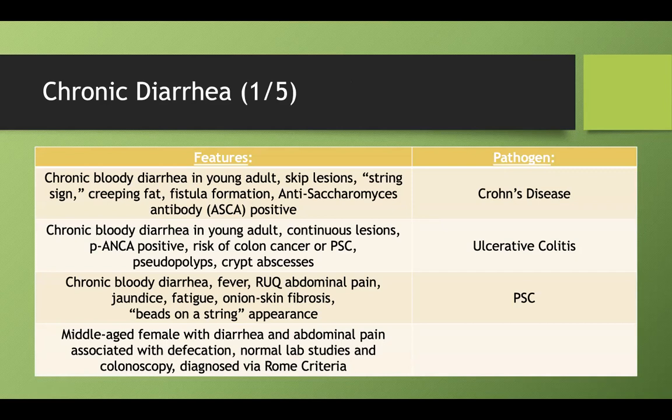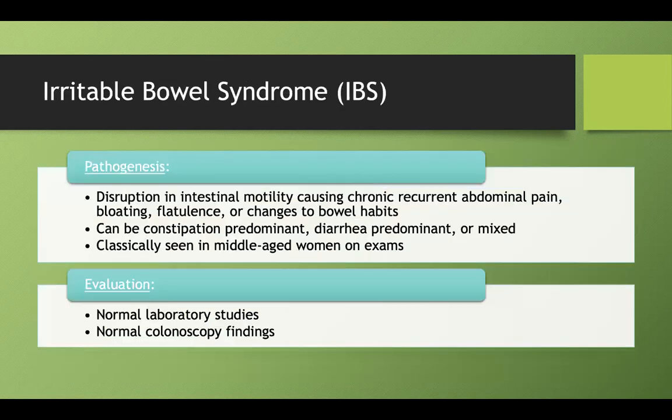What if you find a middle-aged female with diarrhea and abdominal pain associated with defecation? If you do any laboratory studies or colonoscopy, everything's negative, and this is often diagnosed by the Rome criteria. So now we're describing irritable bowel syndrome, or IBS. And here we go with IBS.